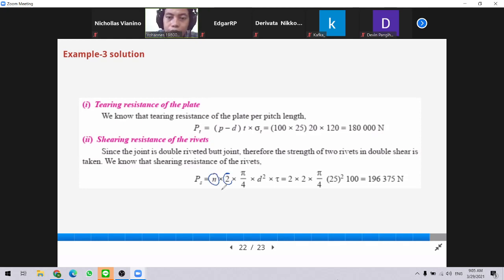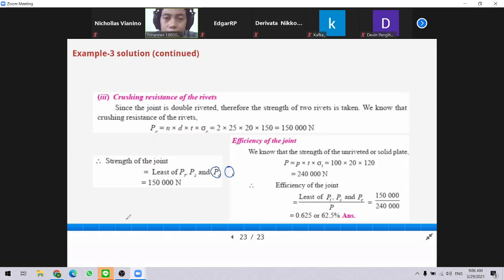This is the number of rivet in single pitch, and this is the number of shearing area for single rivet. And now we obtain the shearing load capacity, which is 166 kilonewton.